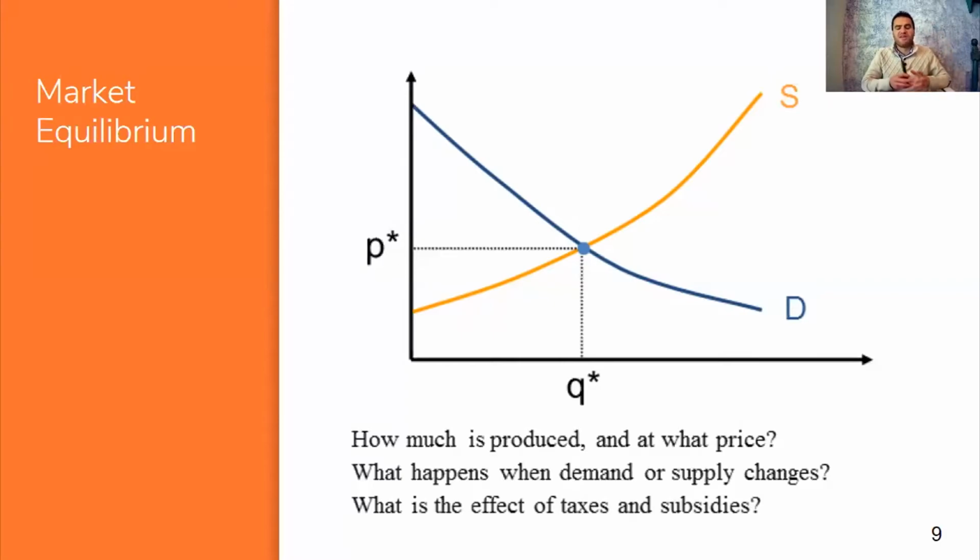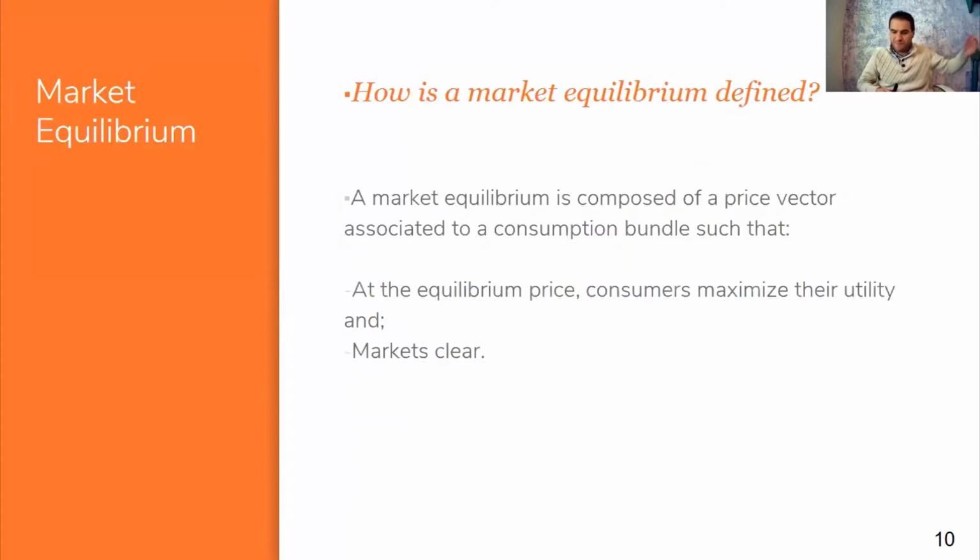Any questions regarding the idea of how the market equilibrium is a combination of the demand and the supply side of things? But how do you define a market equilibrium? Literally, as you can see in the slide, the market equilibrium is a price vector. Prices are just a vector of a bunch of prices for a bunch of products.